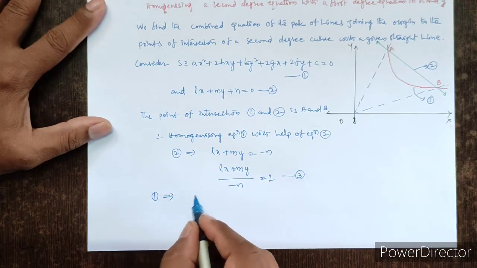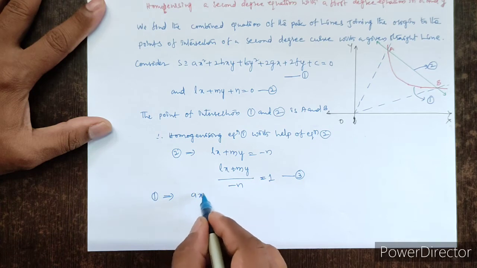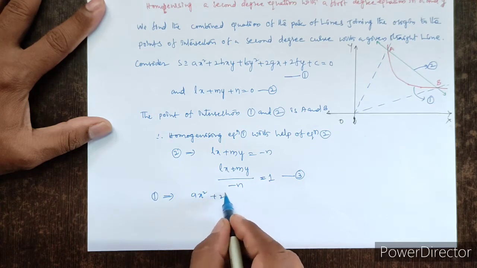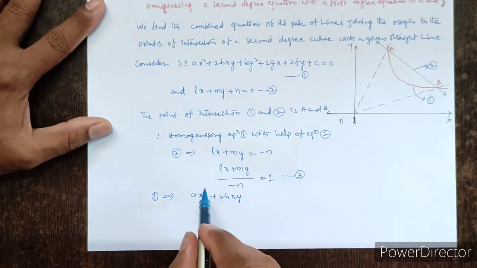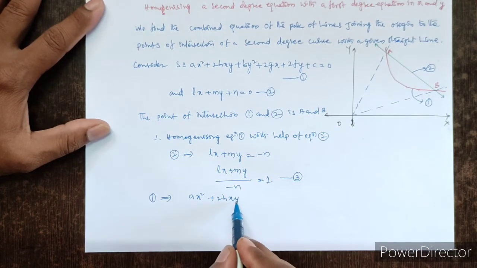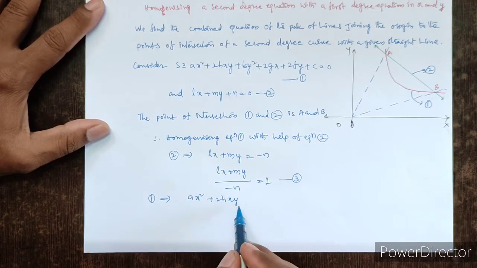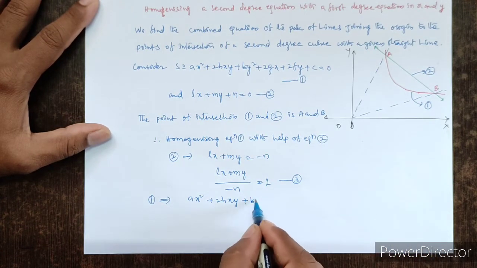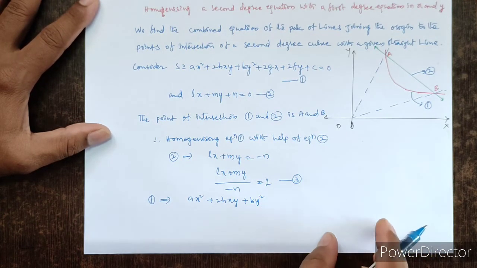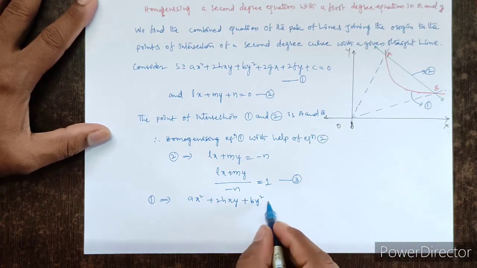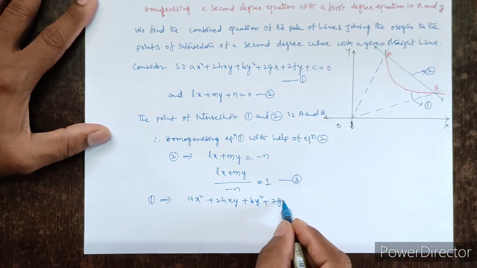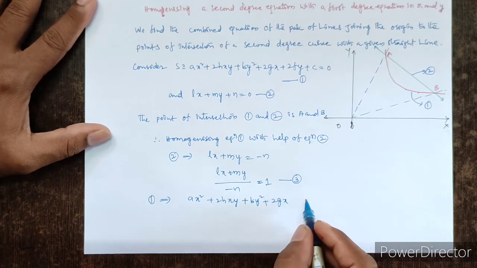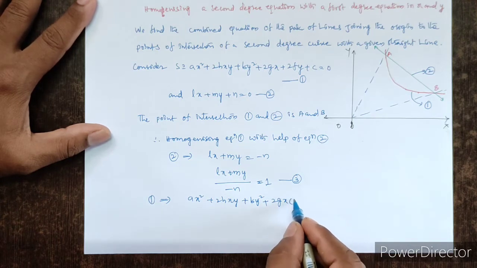Then in equation 1, ax square plus 2hxy, the degree is 2, and here also for this term, 1 plus 1, this also has degree 2, and plus by square, this term also has degree 2, and the next term is 2gx, this term has only degree 1, so you can multiply with 1.